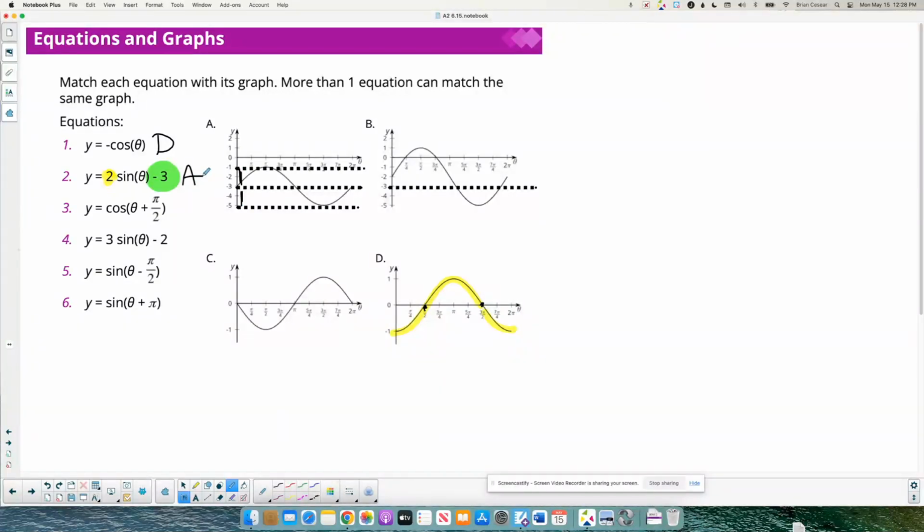Let's go to 3. 3 is a cosine graph, but it's translated left pi over 2. Let me clear these up.